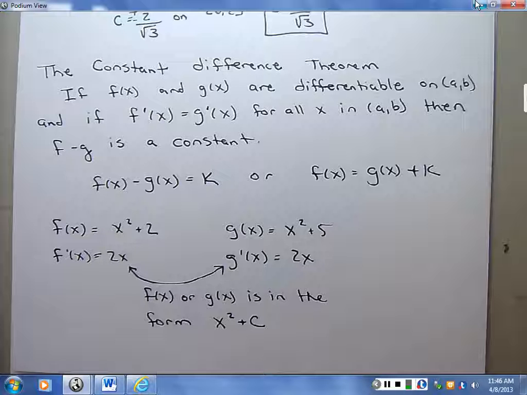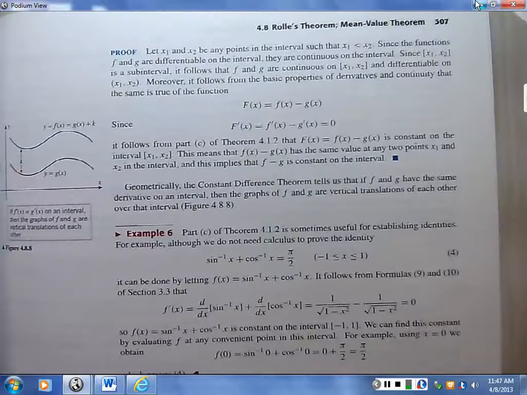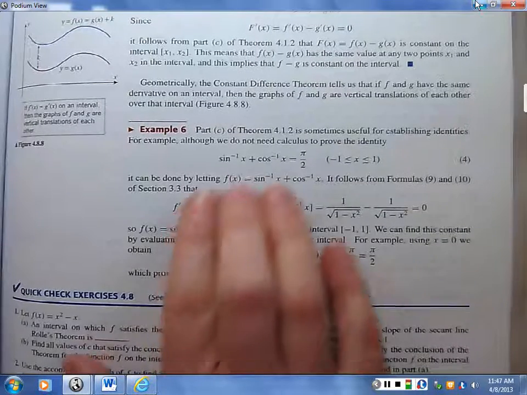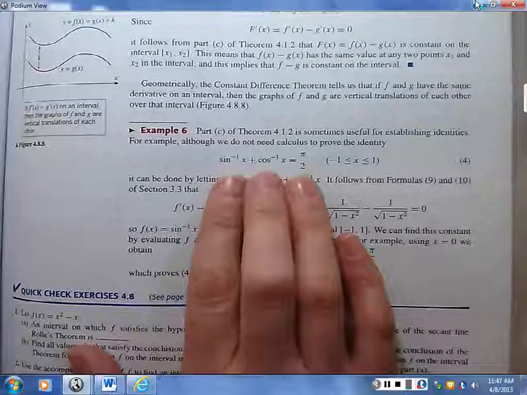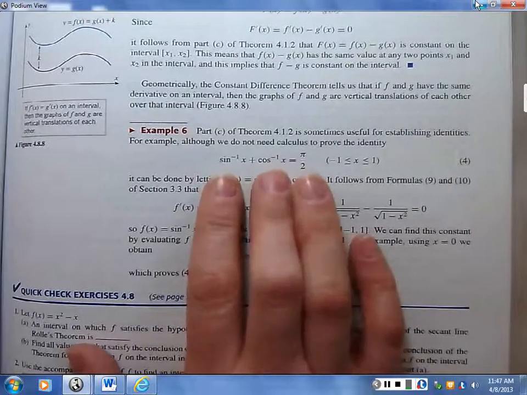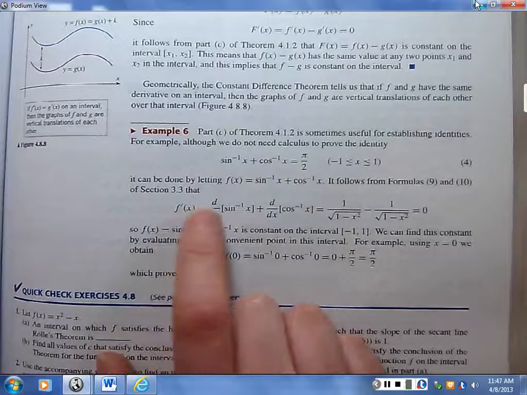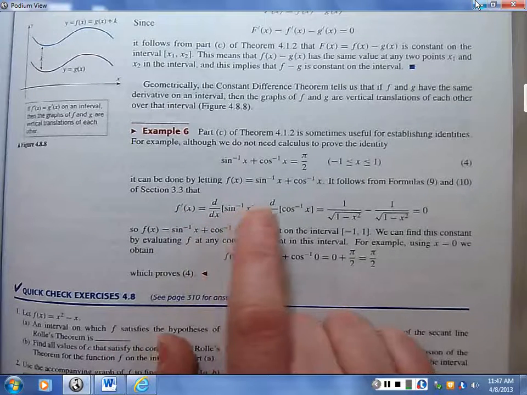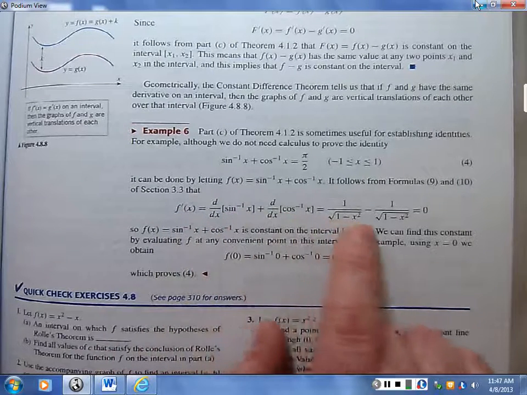This is used in your book to prove a trig formula. This is 4.8. Your book uses this, and we don't really have the time to go through this, but I don't know if you know this identity from trig. It turns out if I take the derivative of sine inverse plus the derivative of cosine inverse, I get 0.